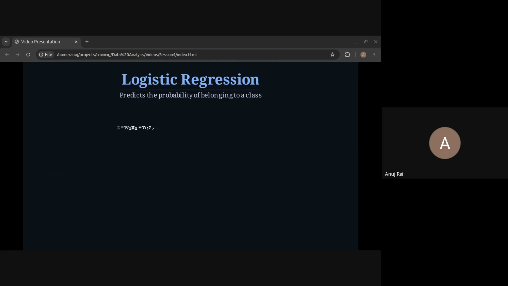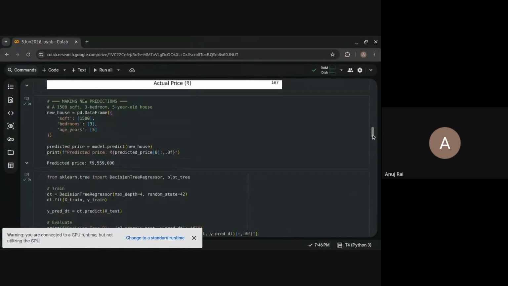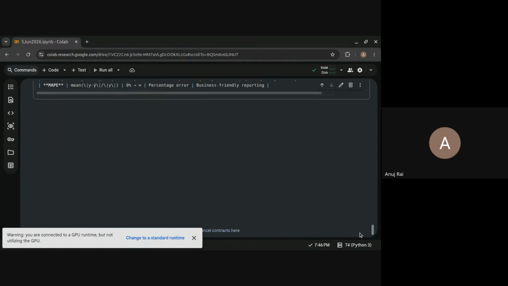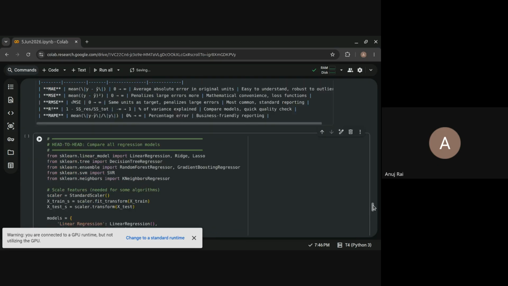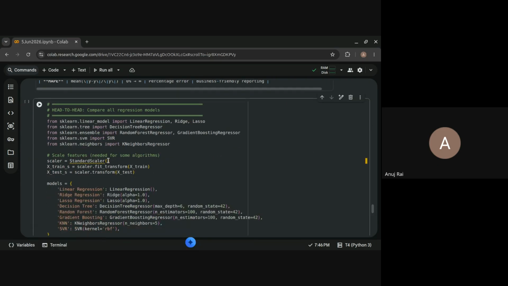So let's quickly compare how different models are behaving. Here, we will quickly use all the different models: linear regression model, decision tree, random forest, SVR, and K neighbor regressor.